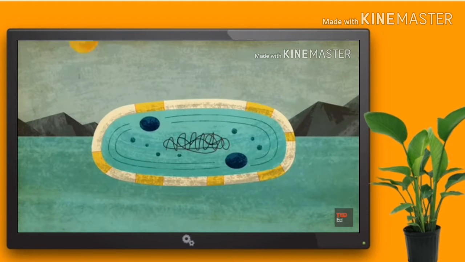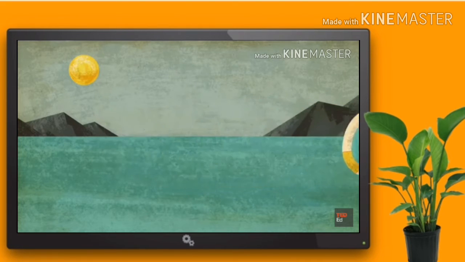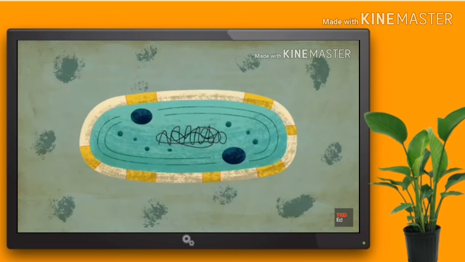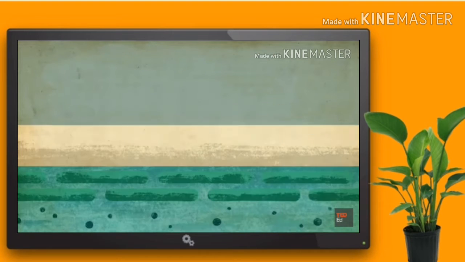The structures in their cell membrane could harness the energy from sunlight to turn carbon dioxide and water into oxygen gas and sugar, which they could use for energy. Those organisms were the ancestors of what we now call cyanobacteria.